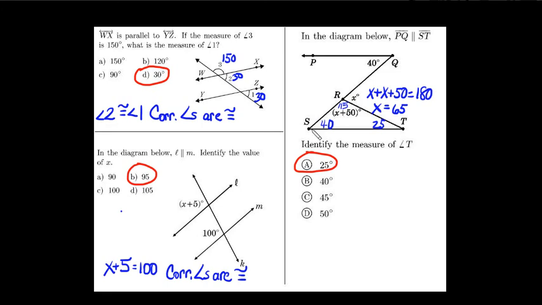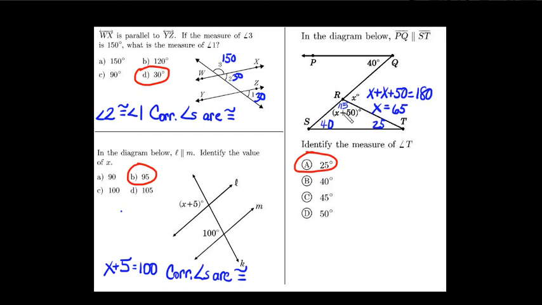I know that this one and this one together make 180 because that's a straight line. So I set x plus 50 equal to 180, and I found that x equals 65. So if x equals 65, well, x plus 50 is 115.